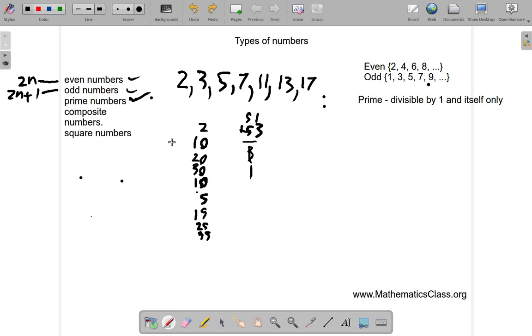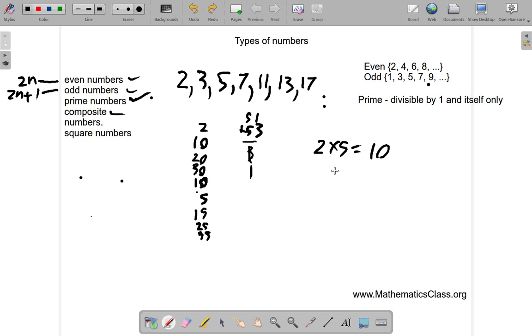One thing you can say about the composite numbers is that, for example, if you have 2 times 5, that gives you 10. If you can divide this by 2, it means it is composed of 2 and another number multiplied. This is composed of 2 and 5 multiplied. It's a composite number. That's one way you can remember it.